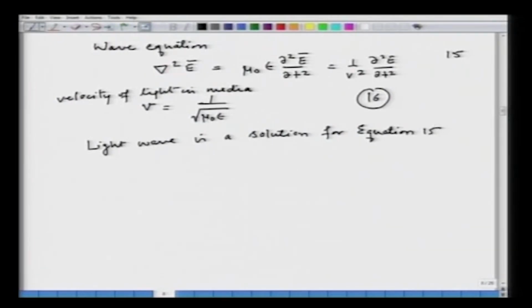And if we assume that the wave is moving in the positive direction, one possible solution is given by this.